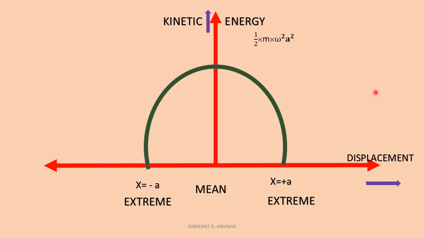Now, nature of the graph: this graph is an inverted parabola, and in the figure we can observe this inverted parabola is symmetric about the energy axis. The Y-axis divides the parabola into two parts which are mirror images of each other, and therefore this parabola is symmetric about the energy axis.